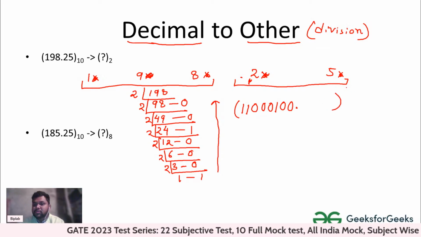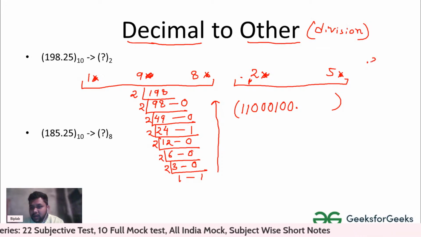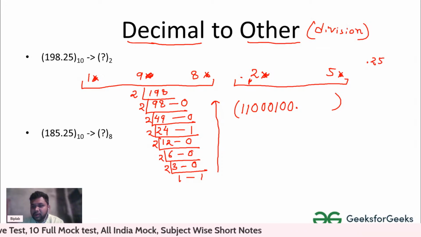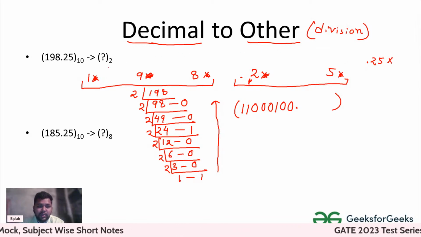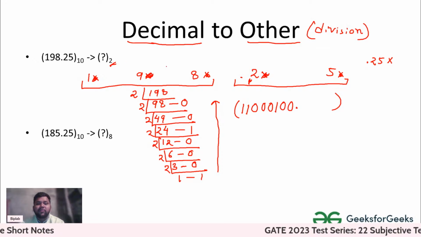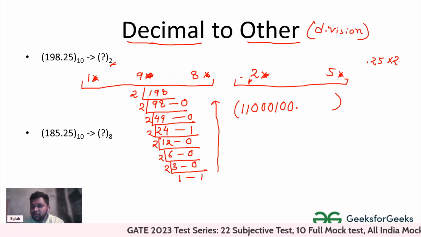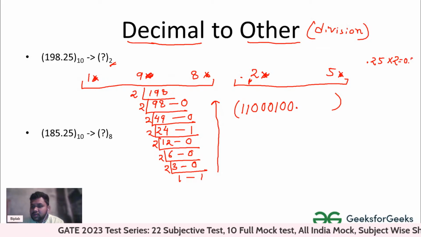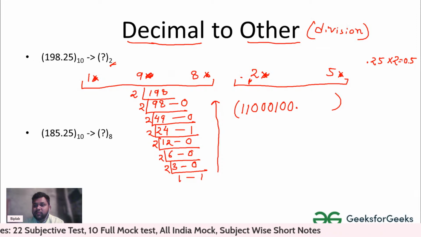To do that, write down the digits that come after the floating point, that is 0.25, and multiply it with the same radix to which you will convert. Here it is 2. So what is the result? 0.25 into 2, that is 0.5.